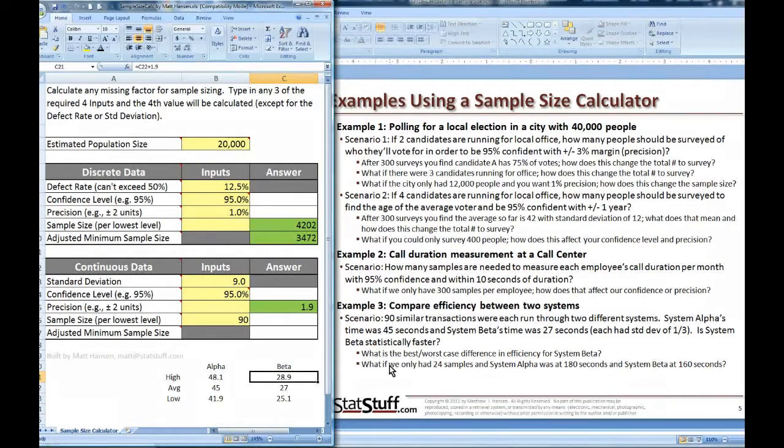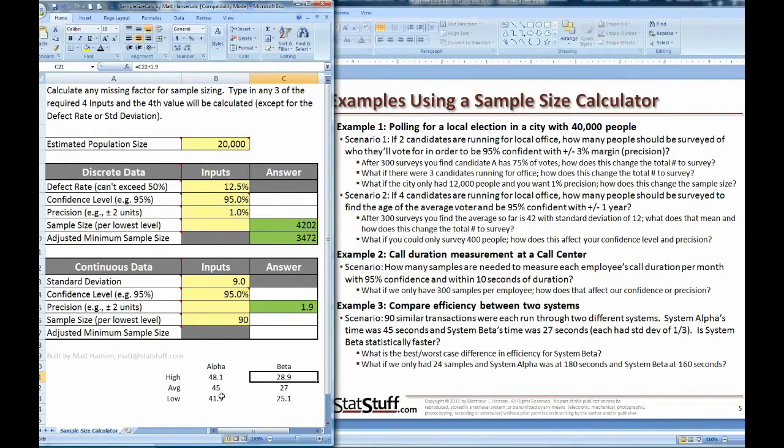What we're factoring here is the best and worst case difference in efficiency. For system beta, their best case is 25.1, but their slowest is probably going to be about 28.9. The best that system alpha can hope for is 41.9.